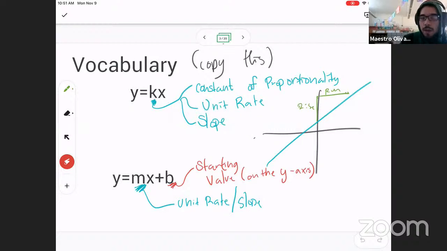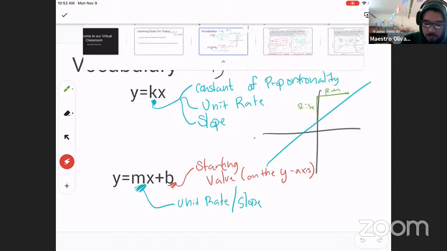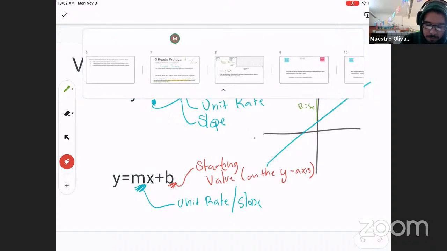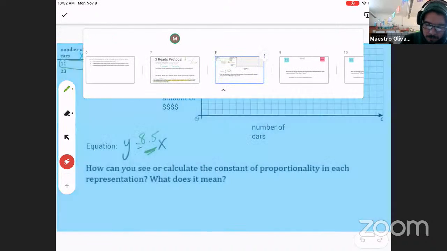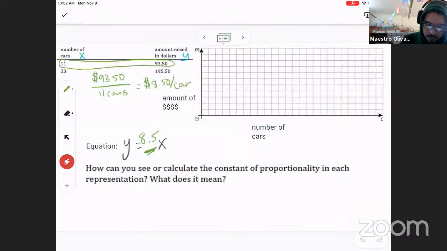You can always write an equation. The unit rate is the number in front of the x.